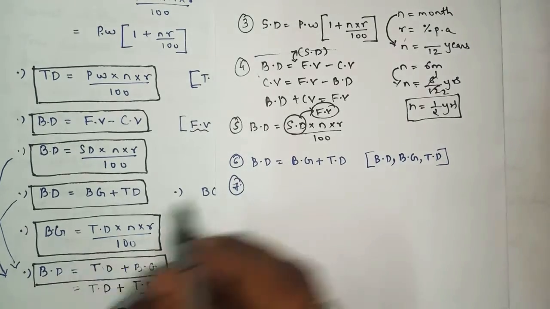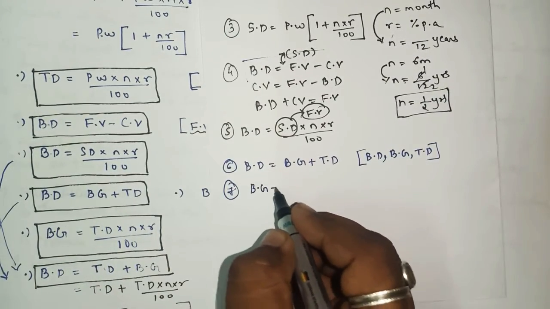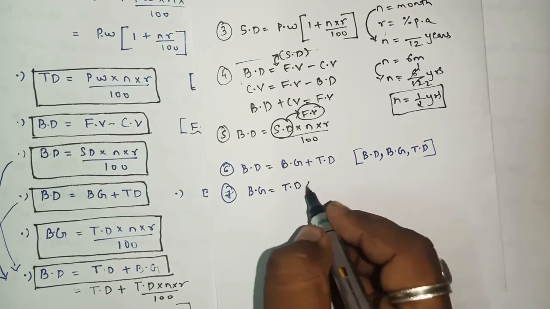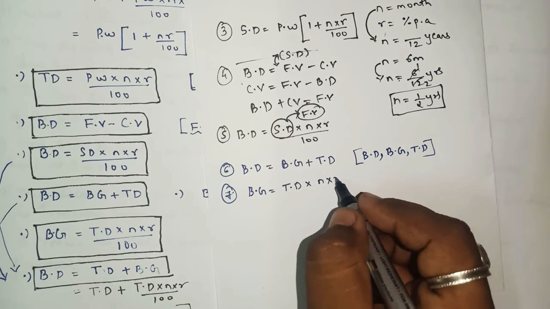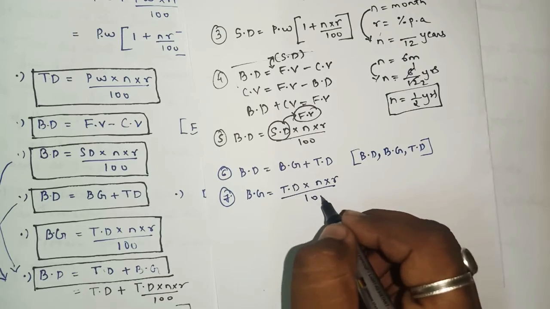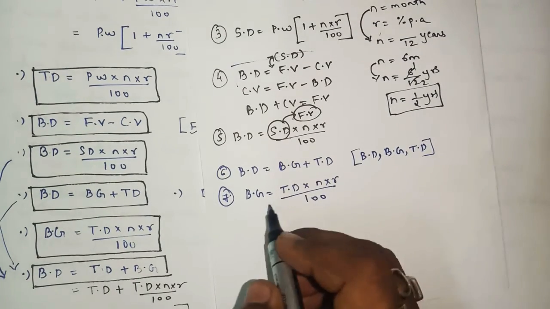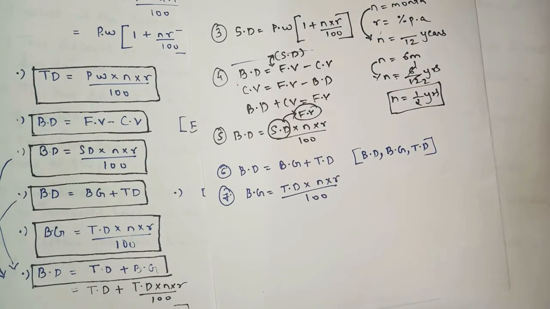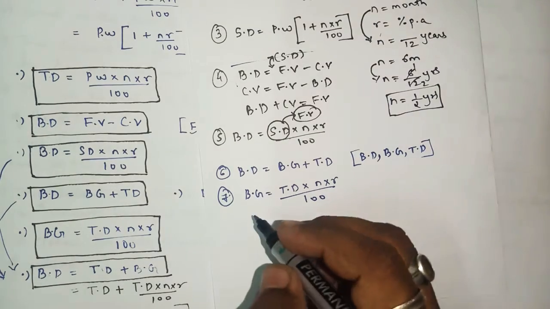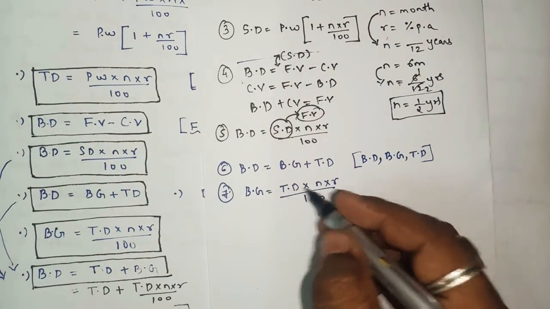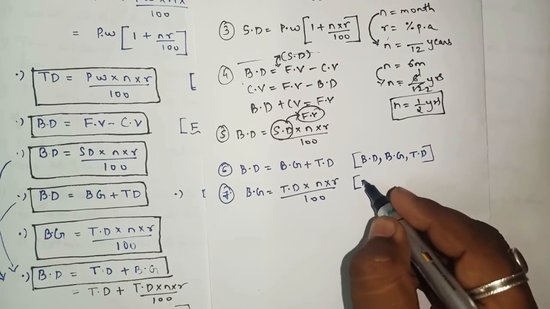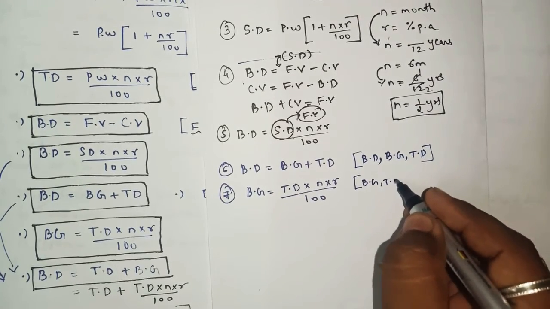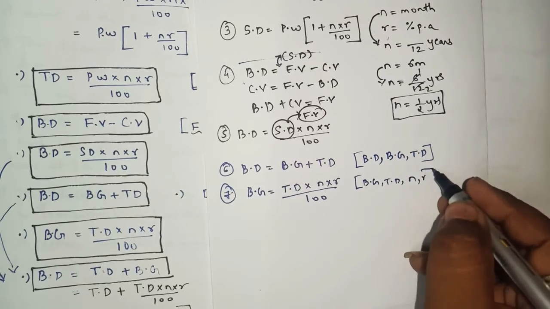Number seventh is what? BG, banker gain, is TD into N into R upon 100. What is the formula? BG equals TD into N into R upon 100. Again, when will you apply this formula? When you have BG, TD, N and R. Yes or no?